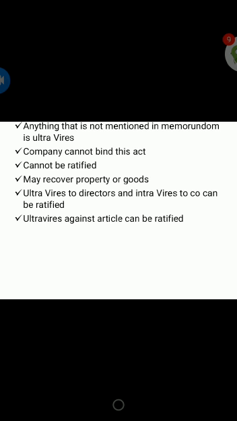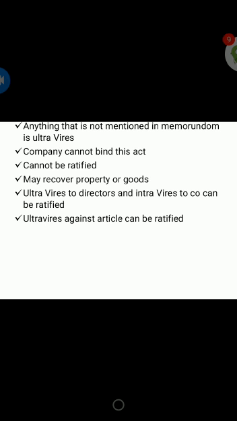Then the next is that one may recover property or goods. For example, XYZ, a person, is going to lend money to the company, and the company is going to use that fund for an ultra vires transaction.